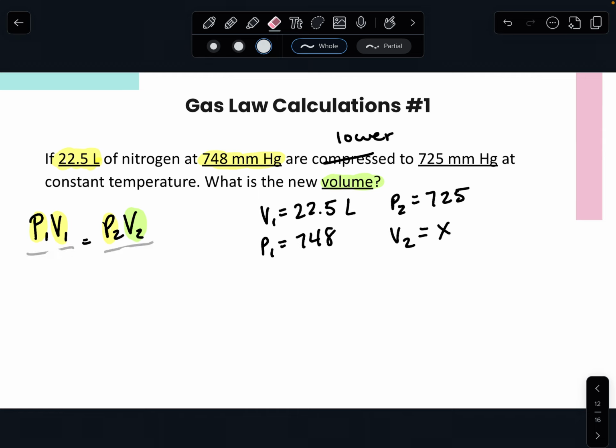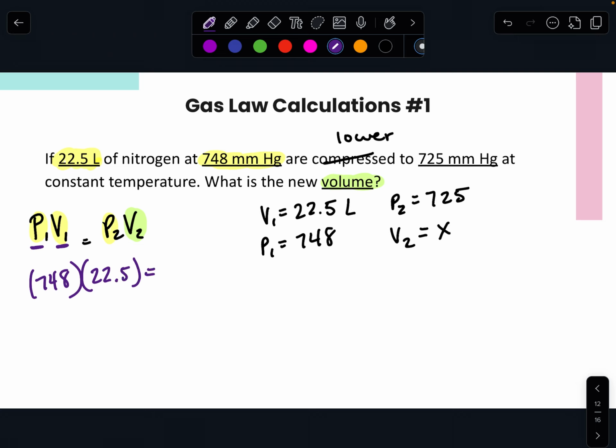So what that means is I do not even need to put temperature in this equation because temperature is not changing. So now all I have to do is just plug in my numbers. So I'm going to start here with the P1. So that is just 748. V1 is 22.5. P2 is 725. And V2 is X.